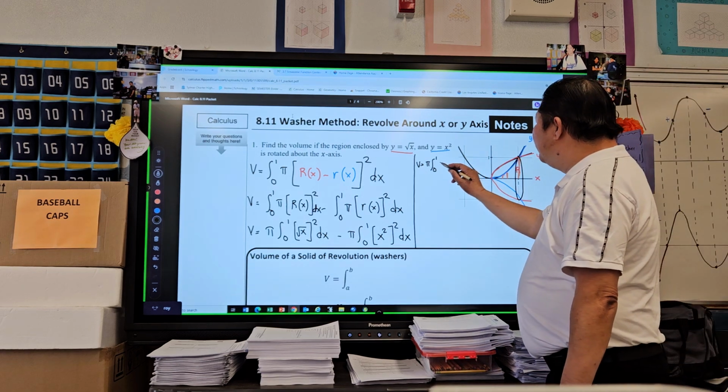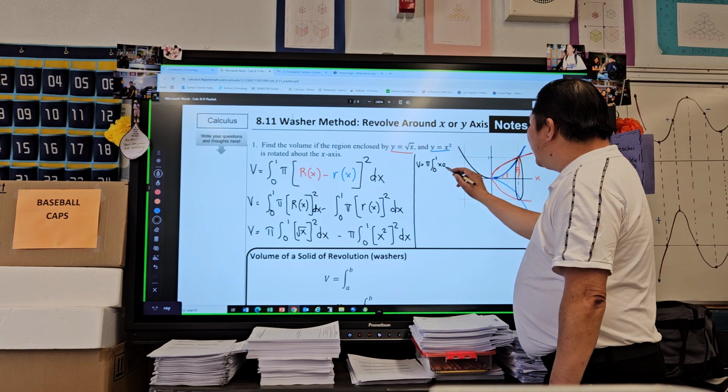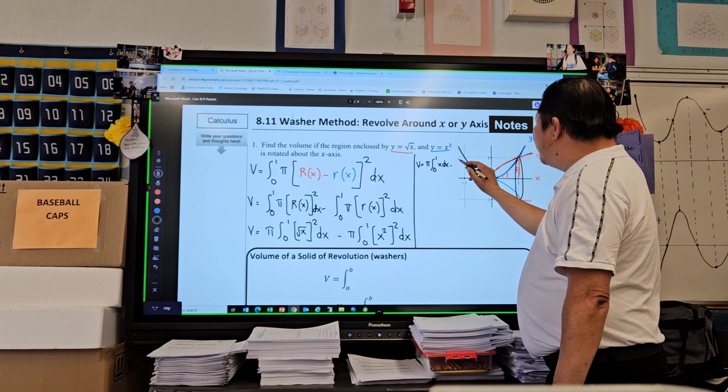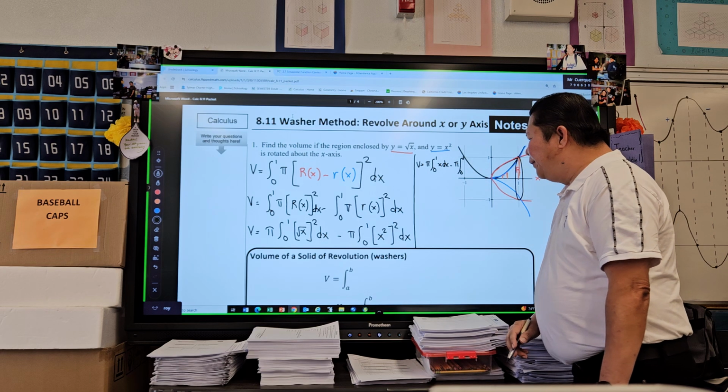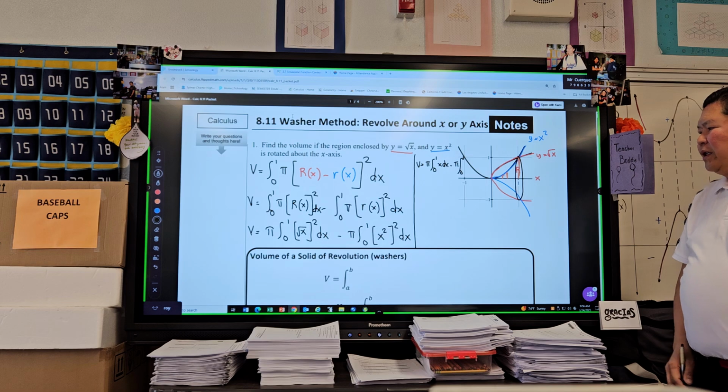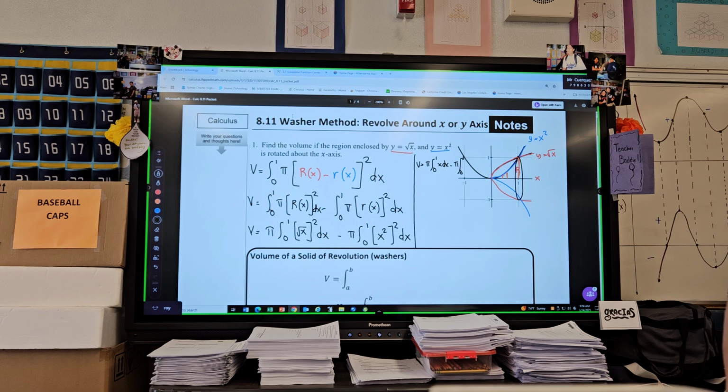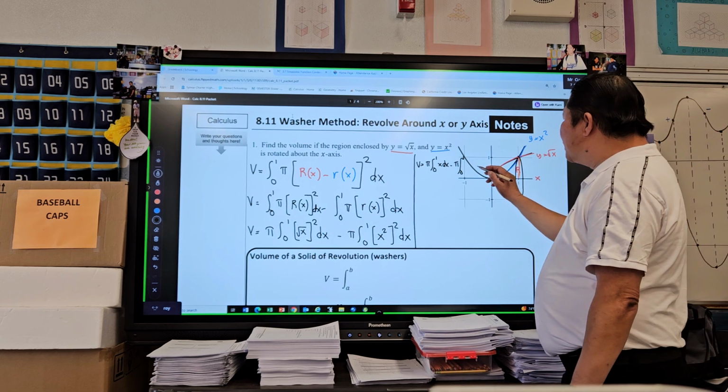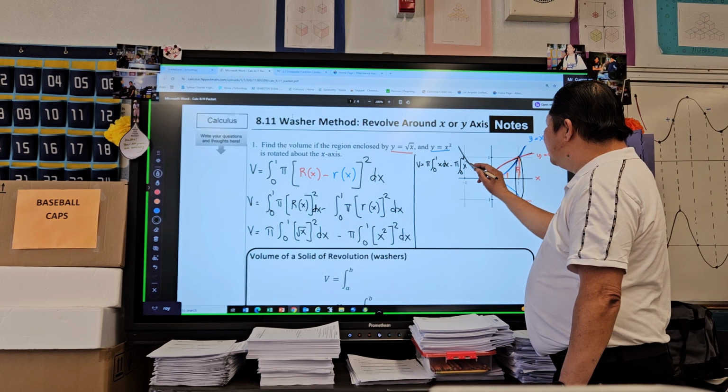So we have x dx, and then minus pi, the integral from 0 to 1, and then what happens to x squared? That becomes x to the fourth, x to the fourth dx.